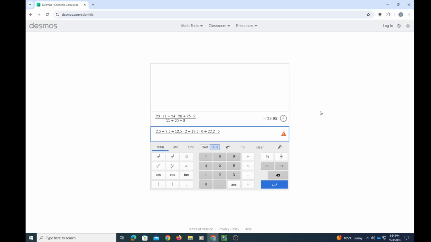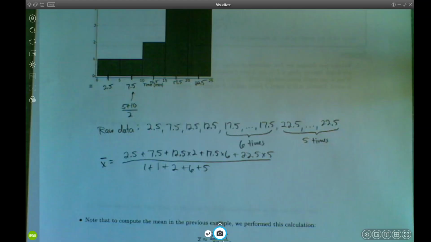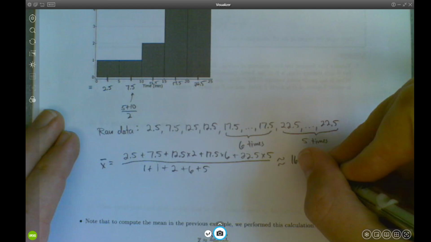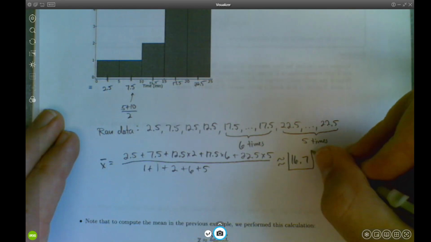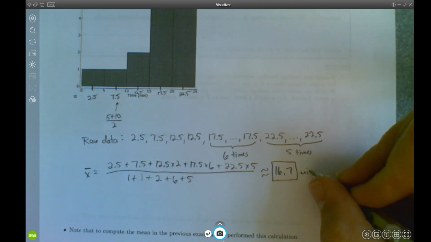And then I'm going to divide that by 1 plus 1 plus 2 plus 6 plus 5. So that's approximately 16.7 minutes, right?